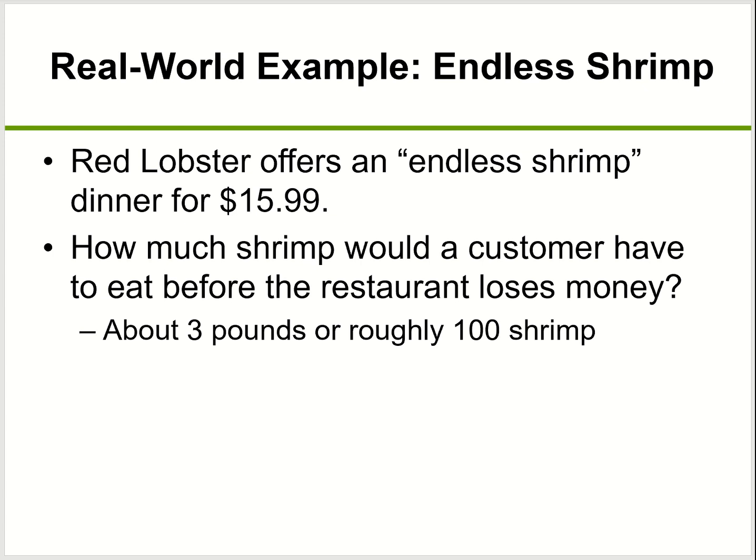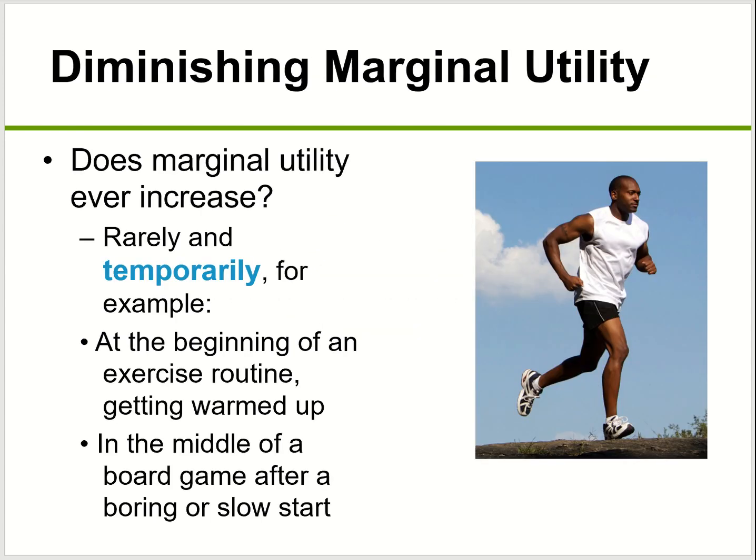By estimate, the restaurant will actually start losing money whenever a consumer eats more than 3 pounds of shrimp, or roughly 100 shrimps. I don't think that many people would eat that much, right? There might be some people out there who can eat 3 pounds of shrimp, but not that many. All right, so diminishing marginal utility is usually true, but sometimes you do see a violation of it. Like we said, any type of addiction might see a violation of diminishing marginal utility.